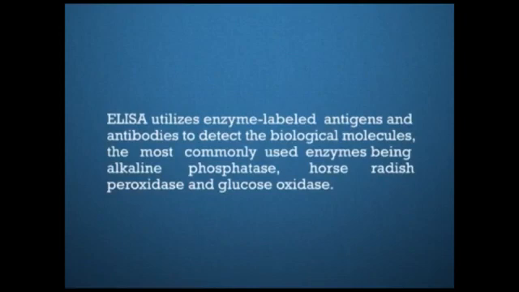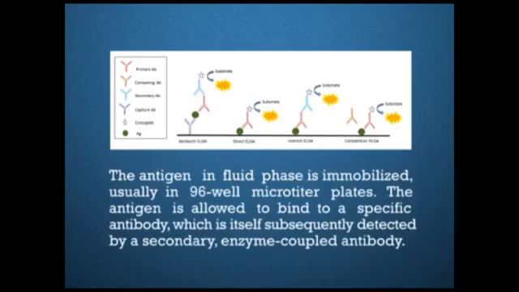ELISA utilizes enzyme-labeled antigens and antibodies to detect the biological molecules, the most commonly used enzymes being alkaline phosphatase, horseradish peroxidase, and glucose oxidase. The antigen in fluid phase is immobilized, usually in a 96-well microtiter plate.